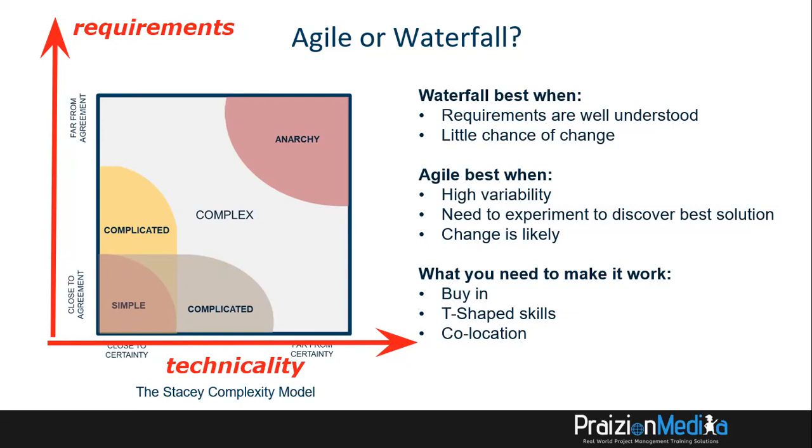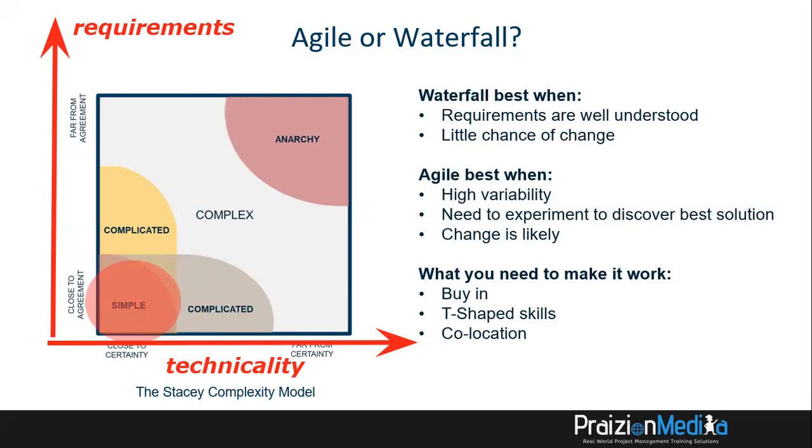Why would you use something else when you know pretty much all the requirements? So you're going to be here in this zone of simple if you're working on close to agreement and close to certainty. You get it? Close to agreement in the requirements, close to certainty regarding the technicality. Get it? Makes sense? Good.